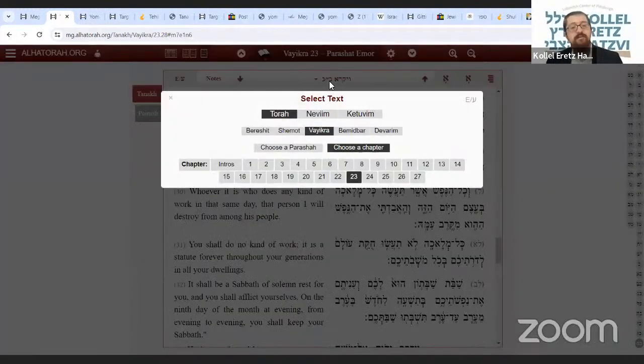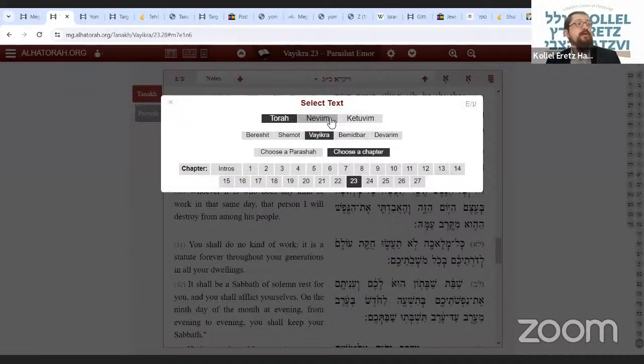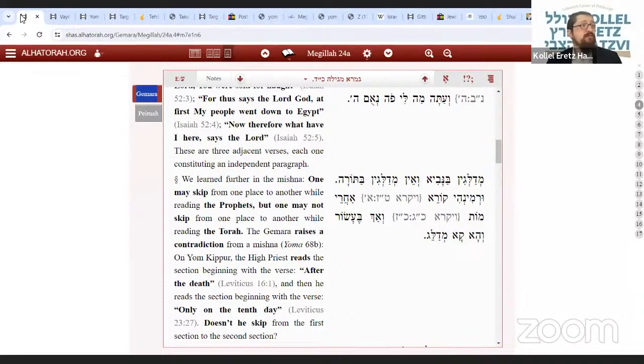So between chapter 16 and chapter 23, it's 7 chapters difference, and in the Sefer Torah it's about 3 or 4 columns apart. The question is like this: the Kohen Gadol would read Acharei Mos first.